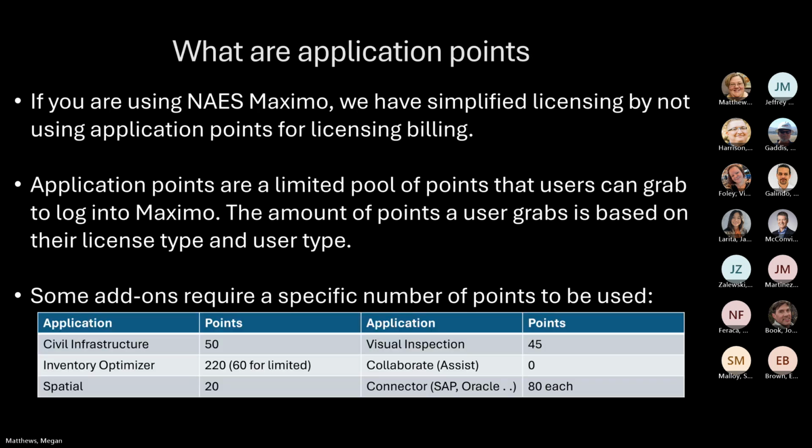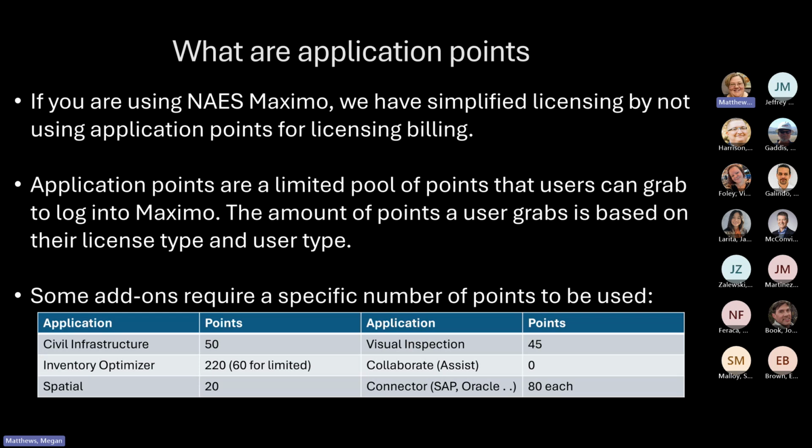So we talked briefly about this. What are application points? If you're using NACE Maximo, we've simplified license by not even paying attention to application points at all. That being said, there is an important part of understanding what kind of access each group has, and so what it costs basically to keep them running.